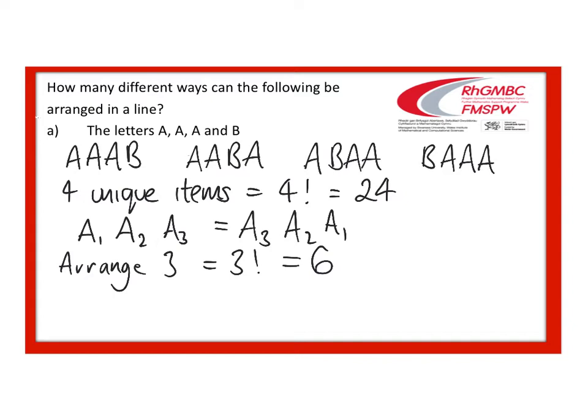And then because 2 of them are repeated, we are going to divide that 6 by the 2 ways that we can arrange the 2 repeated items, and I get an answer of 3. Okay, so quickly recapping, what we do is initially we can consider the problem as just arranging the unique items, and then what we do is we divide that arrangement of unique items by the number of ways that we can arrange the repeated items.